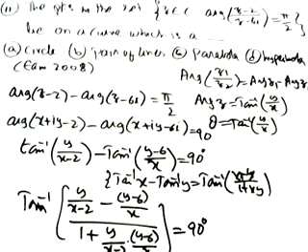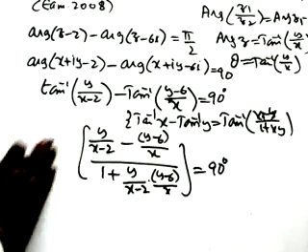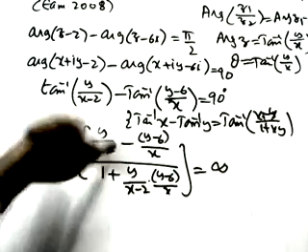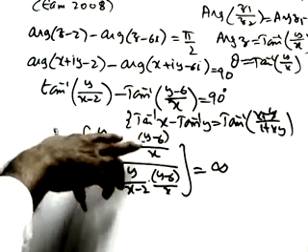If you bring this tan to the other side, it will be tan 90. Tan 90 is infinity.